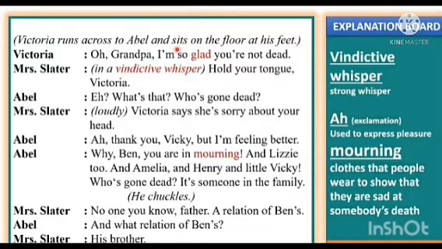Amelia Slater. She made a mistake. And what's the mistake here? She thought that her father had died, and then she sent a telegram to her sisters, and they all were in black, in mourning dresses.